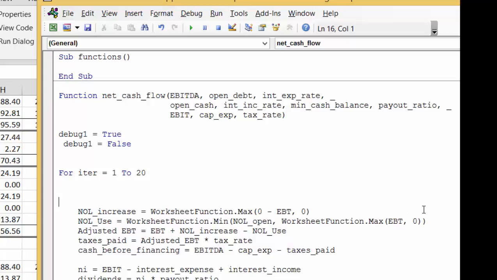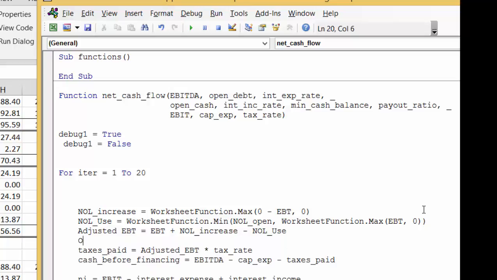And what that means is we need the opening NOL balance, and after we do this we can put the new open NOL equal open NOL plus the NOL increase minus NOL use.